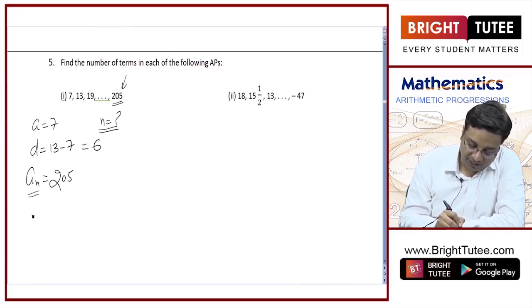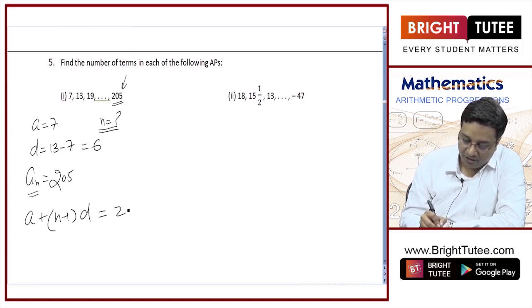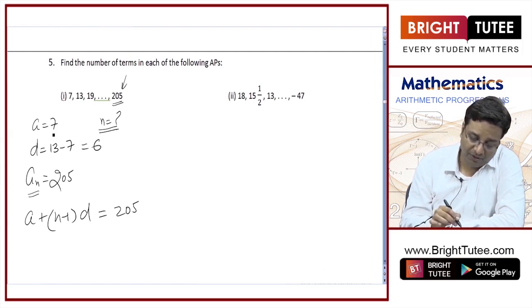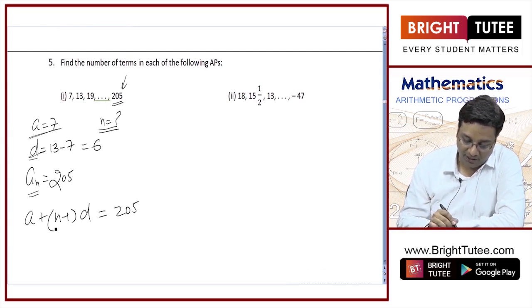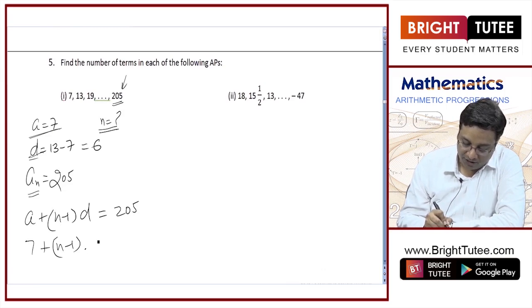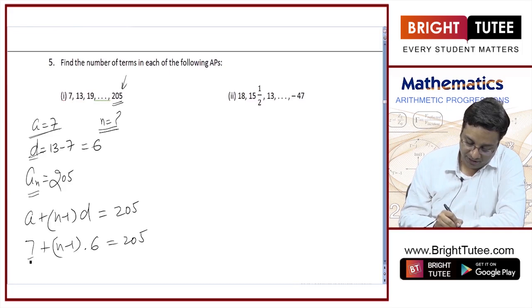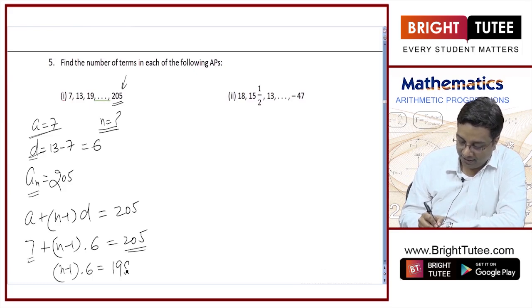What is the formula for an? A plus n minus 1 into d, which is equal to 205. You simply plug in the values of a and d here and you will calculate n. What is a? 7 plus n minus 1 into what is d? 6, 205. If I bring this 7 here, n minus 1 into 6 will become 198.